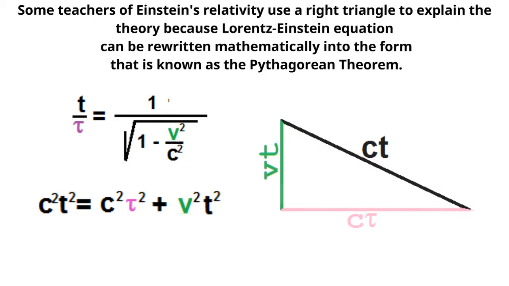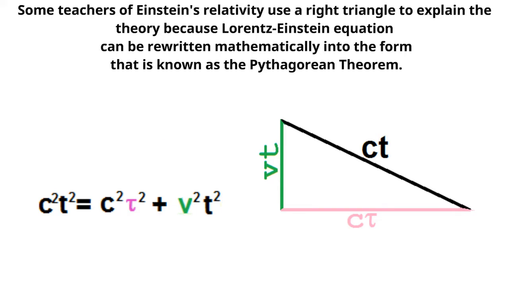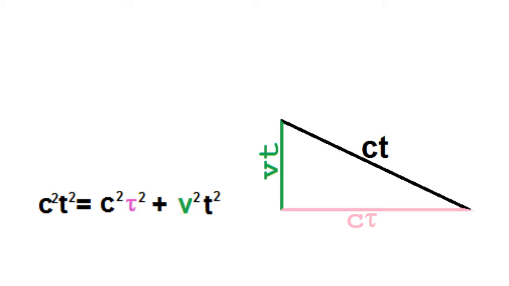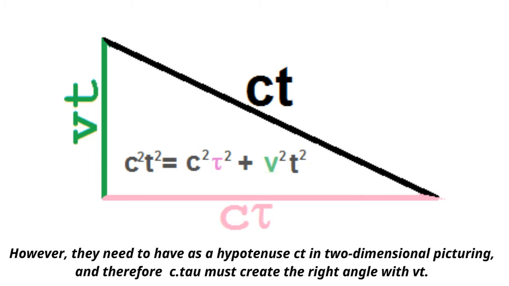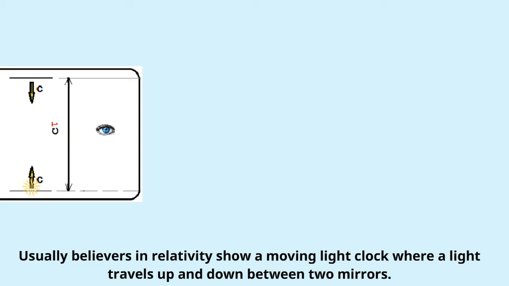Some teachers of Einstein's relativity use a right triangle to explain that theory because the Lorentz-Einstein equation can be rewritten mathematically into the form that is known as the Pythagorean theorem. However, they need to have a hypotenuse Ct in two-dimensional picturing, and therefore C tau must create the right angle with Vt.